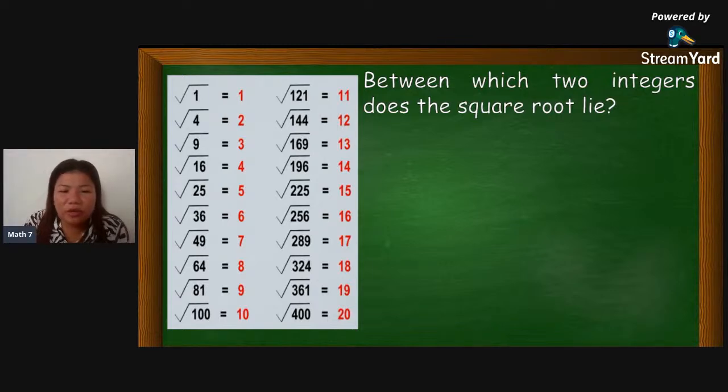Next, square root of 225. Yan, bumagal na. Square root of 225. The correct answer is, okay, the correct answer is 15.